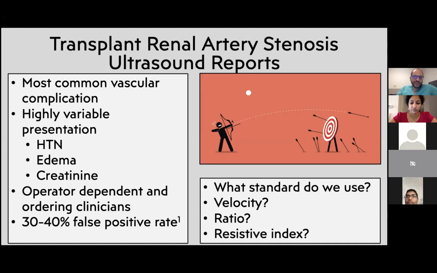Is it 180 centimeters per second, which is suggested in some papers, or is it 400 centimeters per second as suggested in others? Is the ratio of the velocity of the renal artery and the iliac artery important? Does the resistive index play a role? So there are all kinds of different variables that potentially can go in, and then you can have some that are positive, some that are negative, and ultimately, a lot of times we don't know where to come down on it, so that confusion gets relayed to the transplant nephrologist.